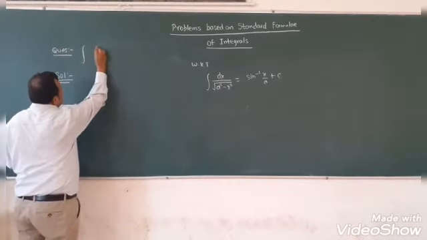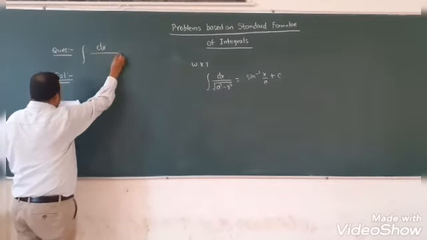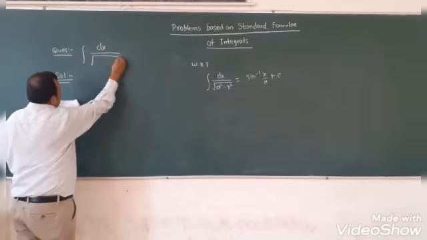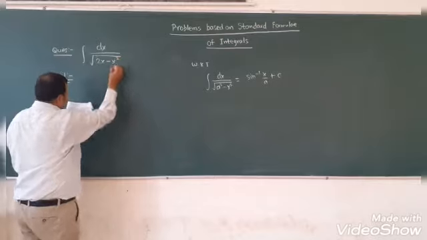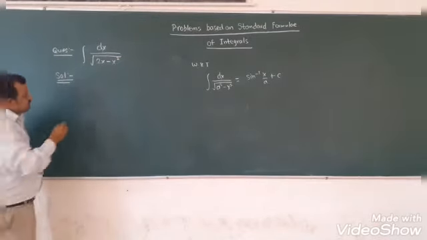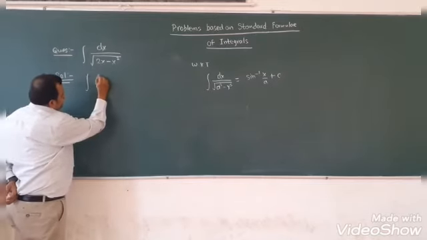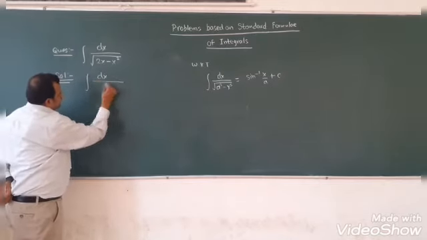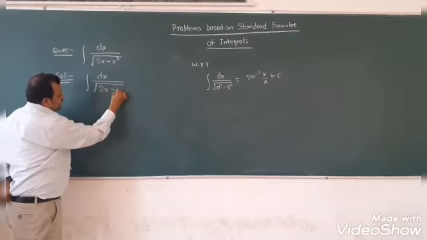Integral dx divided by square root of 2x minus x square. So this we can write as dx divided by root over 2x minus x square.